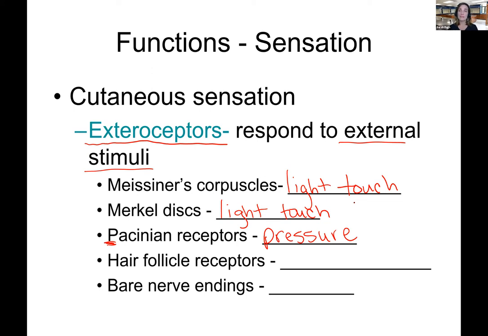You also have some receptors that wrap around your hair follicles so that when your hair moves, you recognize that. So this is how you're going to pick up things like wind. Wind usually does not have enough pressure to activate a Meissner's corpuscle or a Pacinian receptor, but it causes your hair to blow. It causes the hair on your arms to move or the hair on your legs. So this is going to pick up wind.